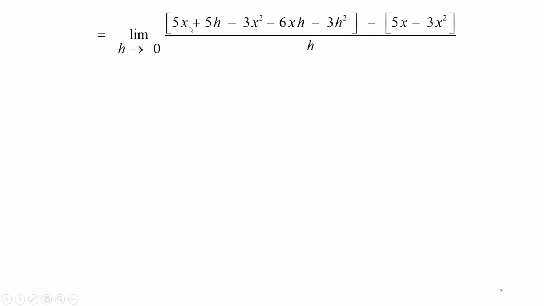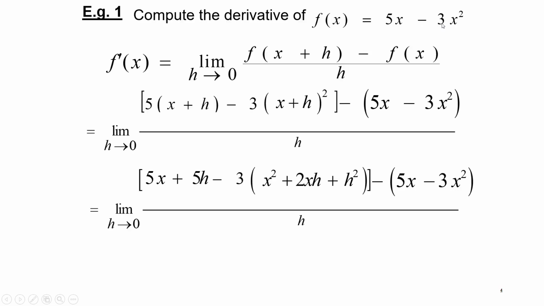So we have now 5x plus 5h minus 3x squared minus 6xh minus 3h squared, and this minus 5x minus 3x squared is from here. So basically we have expanded this inside, and this one is still coming along.